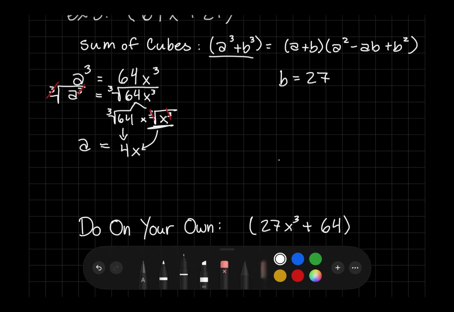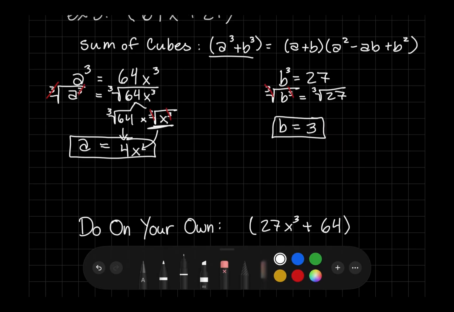All right. We got our a. Let's get our b. B cubed, my apologies, b cubed is equal to 27, so cube root 27. This cancels with that. I'm left with b. You can plug this into your calculator and you will get 3. Let's plug it into this equation. All right, I'm starting off with my a, which is 4x.